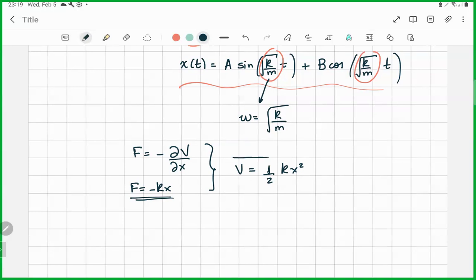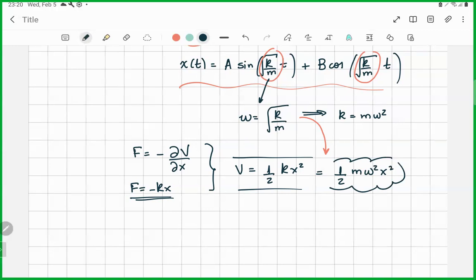So either we write it like this, or if you want, using the frequency that we just talked about, we can say that k is m omega squared, correct, from this equation. So then we can say that the potential energy is 1/2 of m omega squared x squared. So this is the potential associated with the harmonic oscillator, with this motion that we call the harmonic oscillator.